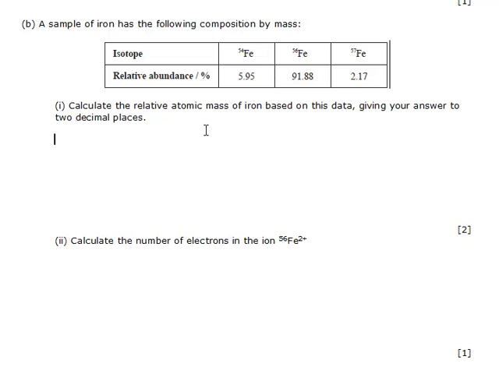These are percentages, so it's 54, contribution from isotope 54 times 0.0595 plus 56 times the contribution 0.9188 plus 57 times 0.0217.